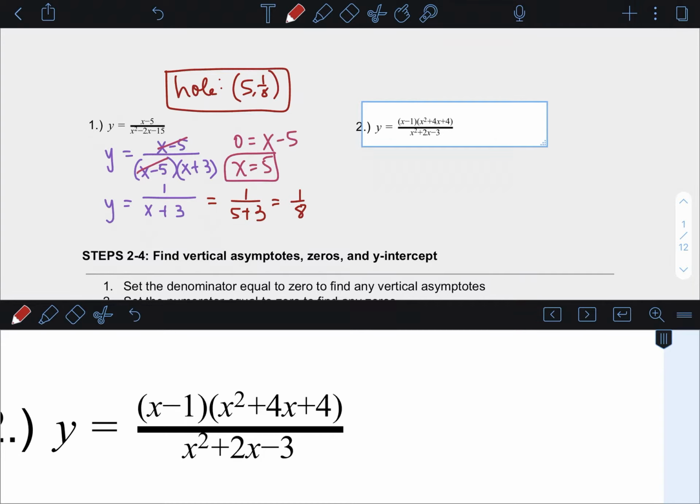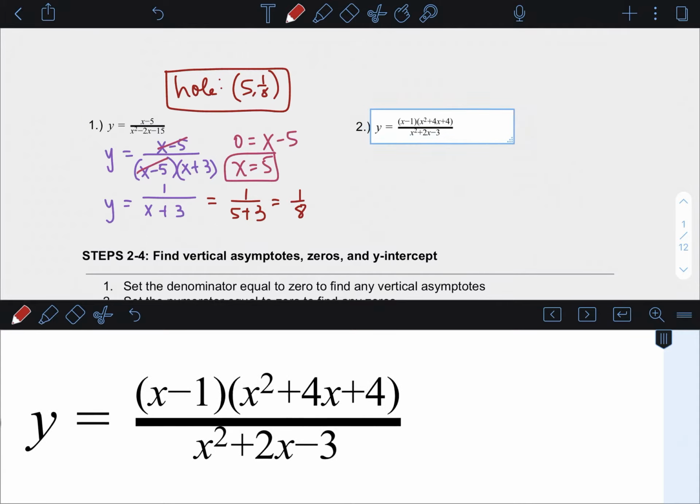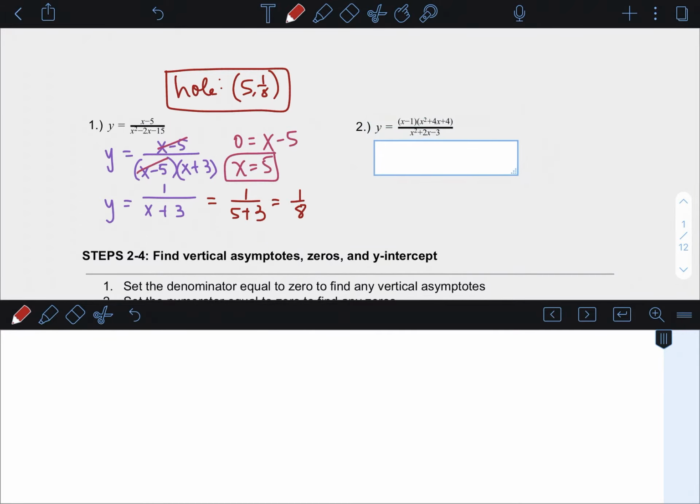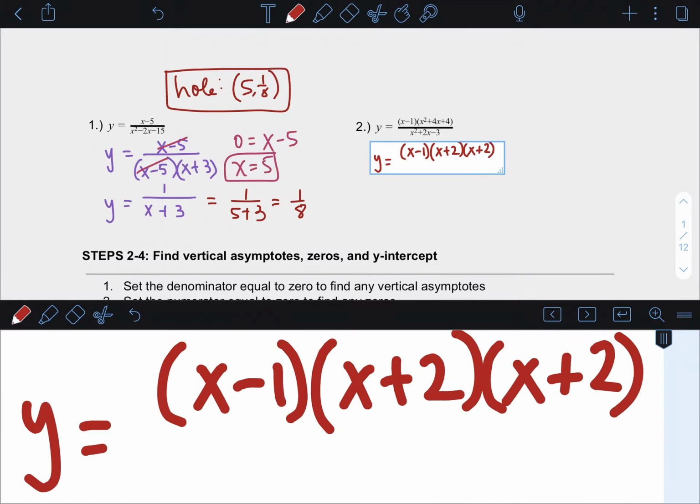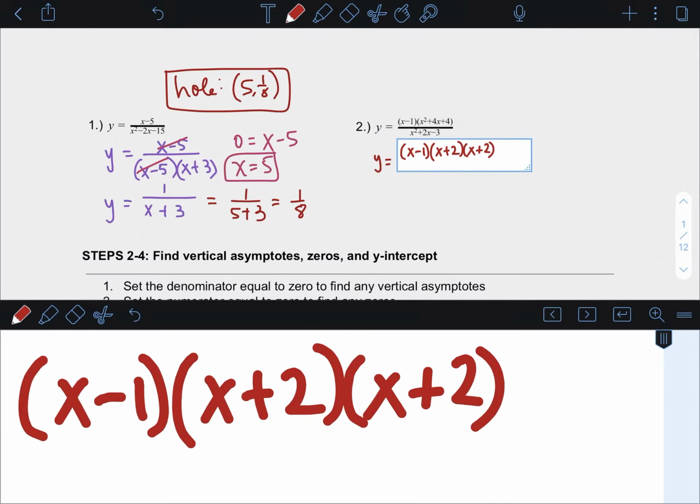Next problem is partially factored. We have x minus 1, which is already factored, but x squared plus 4x plus 4 can be broken down a little further. So let's go ahead and do that. This will become x plus 2 times x plus 2. That is a perfect square right there.